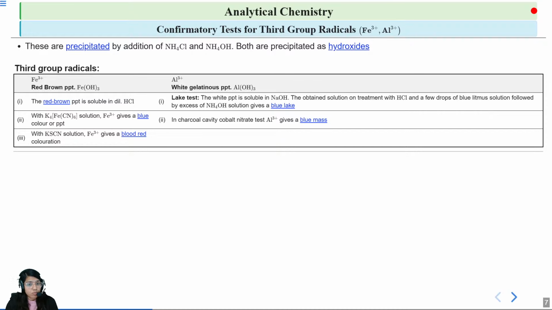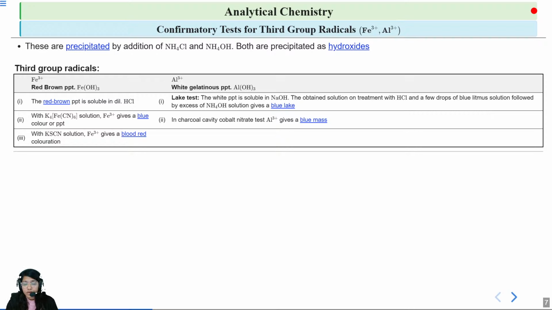And this red-brown precipitate of Fe(OH)3 is soluble in dilute HCl, while Al(OH)3 is soluble in NaOH, not in HCl.